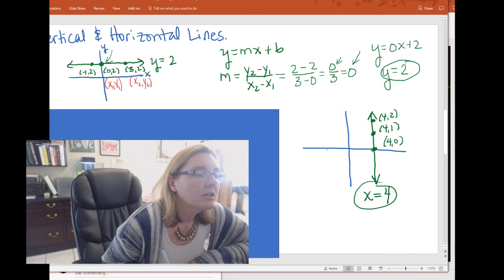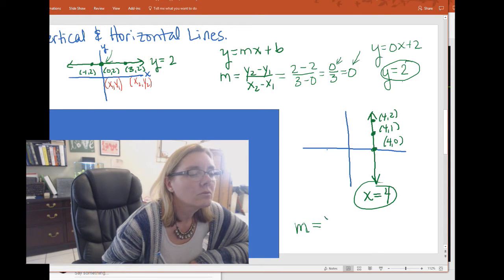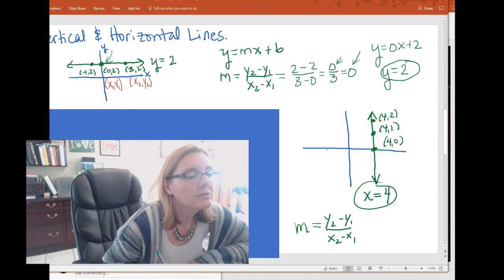There's something interesting about the vertical case, though, because the slope turns out to be something strange. M equals (y2 minus y1) over (x2 minus x1).